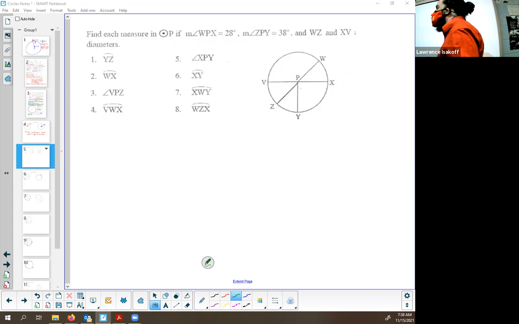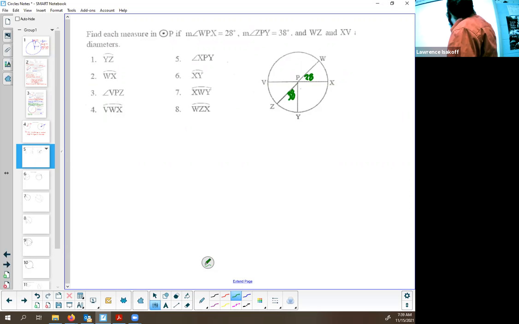Right away, this is information I need to add on. It tells me WPX is 28 degrees, so I'm going to put that in there. I know that ZPY is 38 in here.